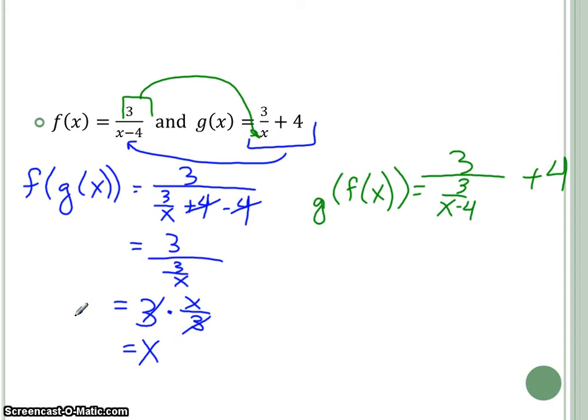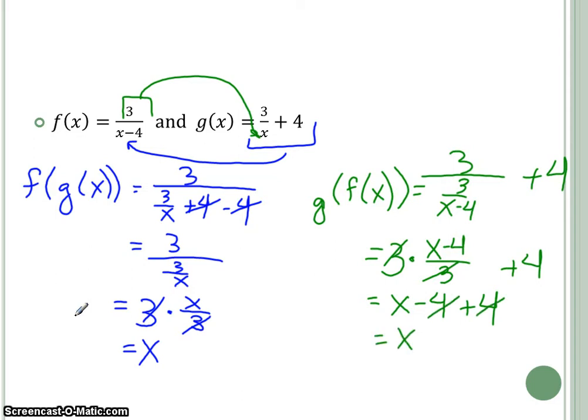Again we're dividing by fractions, so multiplying by the reciprocal would be appropriate here. So we've got 3 being multiplied by x minus 4 over 3. Those 3's would cancel, which means we've got x minus 4 plus 4. And now those 4's will cancel, and there's our x.